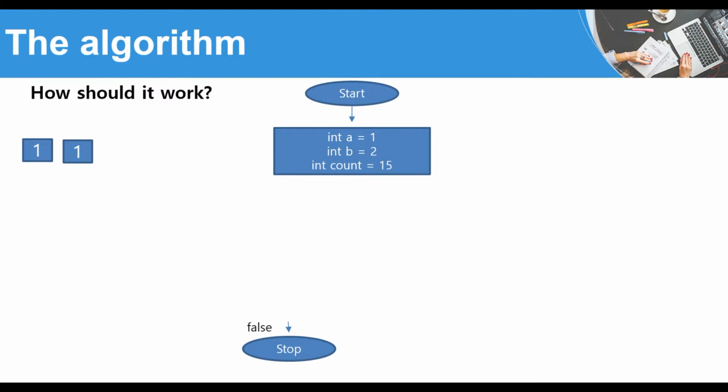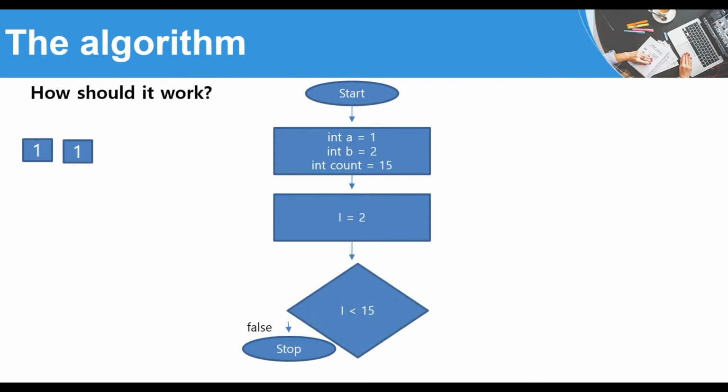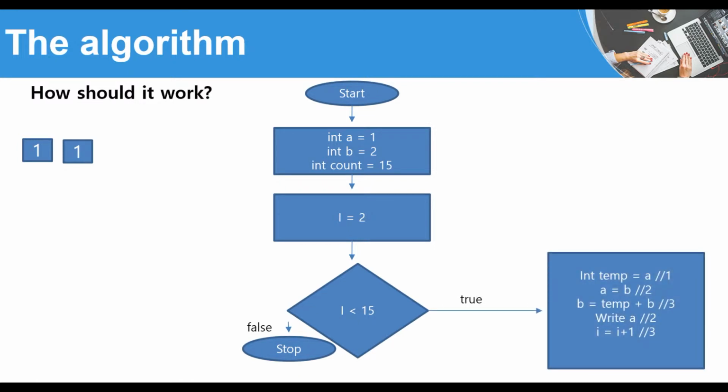So for this iteration, we start with a equals 1, b equals 2, and count, of course, is the same, 15. And we saw that the counter is equal to 2 right now. So we have to evaluate, is 2 less than 15? Of course it is less than 15. So once again we have to perform the same action. So temp equals a, which equals 1 in this case.